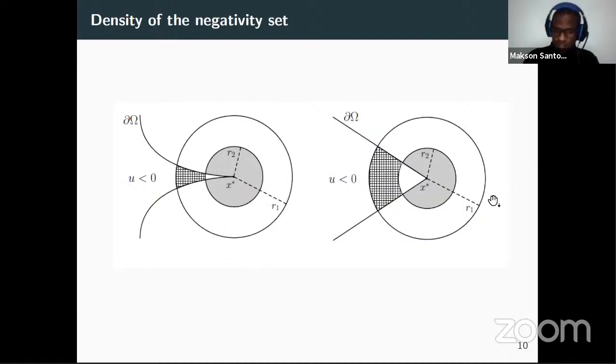But on the other hand, if you look at this picture here, when I go from R1 to R2, the volume is constant, and it may fail the hypothesis. This is the geometry of the free boundary that you are looking at. But this is not the case.